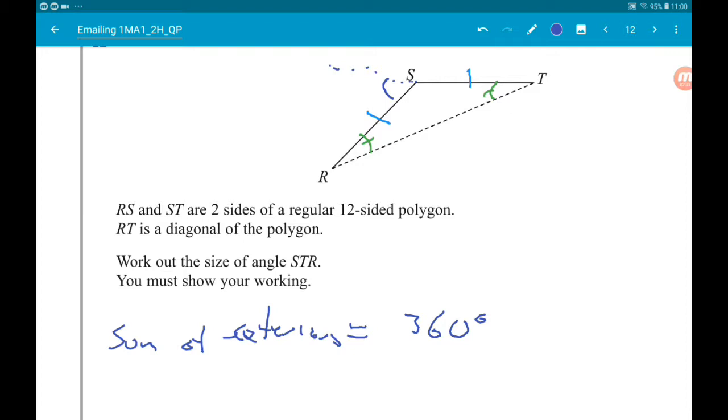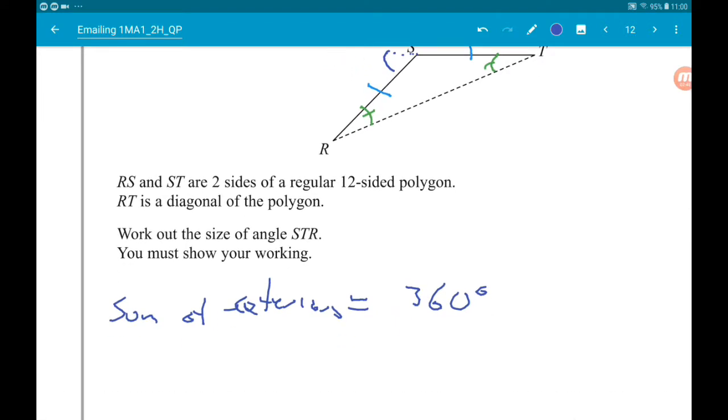So if we find the exterior, we can find the interior, and then we can find the angle that we want. So, it's a 12-sided polygon, so one exterior is 360 divided by 12.